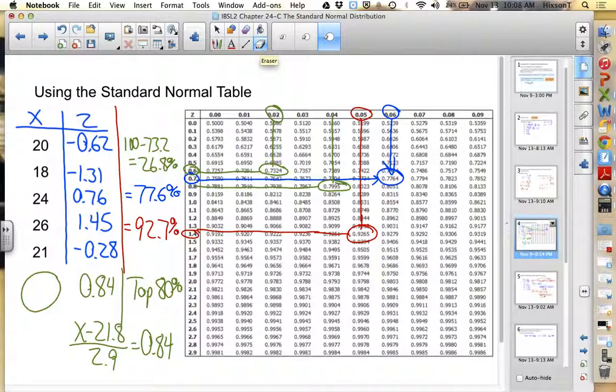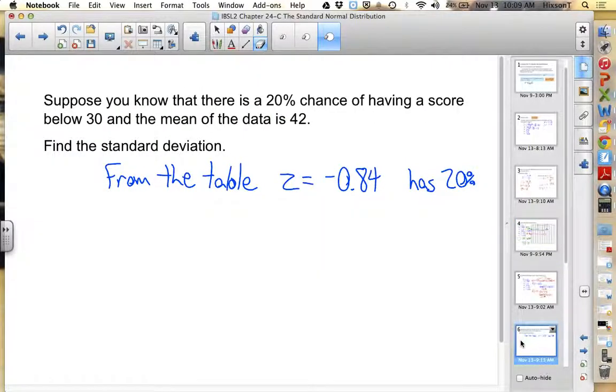If we want the bottom 20%, it's going to be negative whatever the z-score of the top 20% would be. So we're looking at 80 again. There's 80, that's at 0.84, so the bottom 20% is going to be below negative 0.84. So that's where we got this value here.